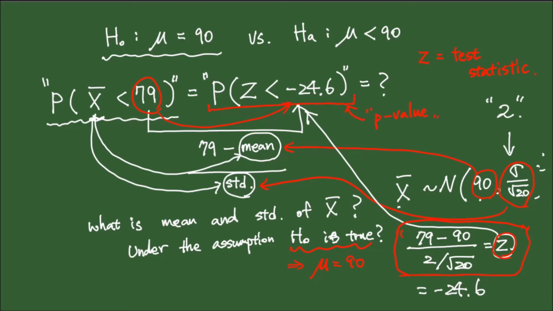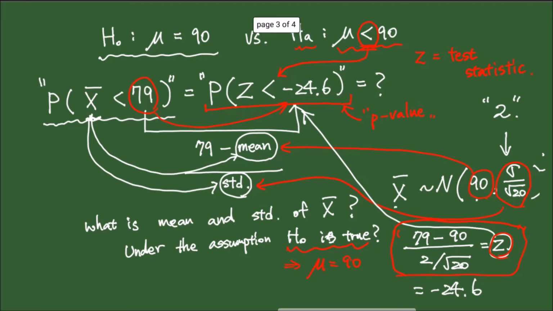So if the p-value is really low, we are going to reject the null hypothesis. And since our alternative hypothesis looks like this, mu is less than 90, this inequality usually equals this one. So these are the terms you should know.